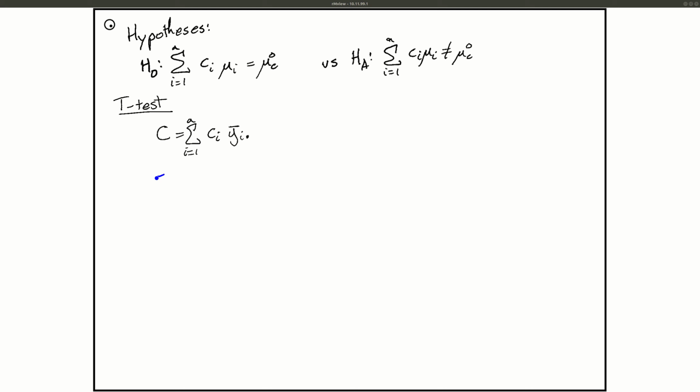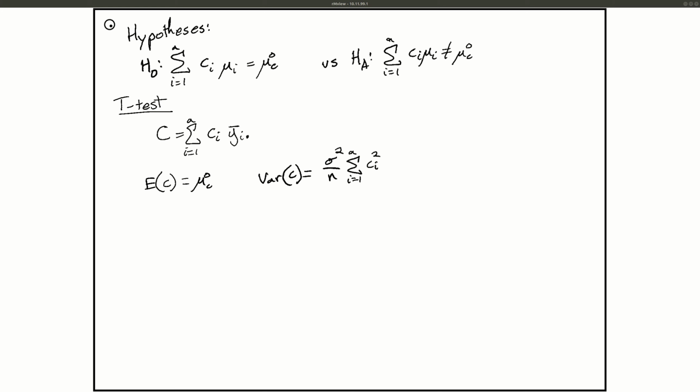The expected value of C is equal to mu sub c naught, our hypothesized value for the contrast, if the null hypothesis is true, and the variance of C is equal to sigma squared divided by n times the sum of all of our contrasts squared, summing from i equals 1 to a. So we know the distribution of C. It's just another random variable that follows a normal distribution with an unknown variance, and so a t-test is appropriate here.